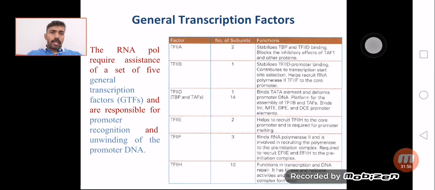So there are 13 to 14 different subunits as TAF 1 to 14, and there is 1 TBP in the TF2D, right? And there are 2 TF2E and 2 TF2F, 3 in the F complex and around 10 H subunits. So the H is also important, and we will see that later.